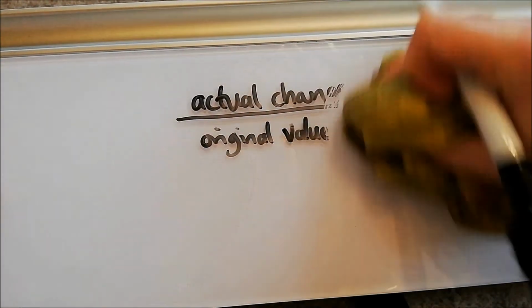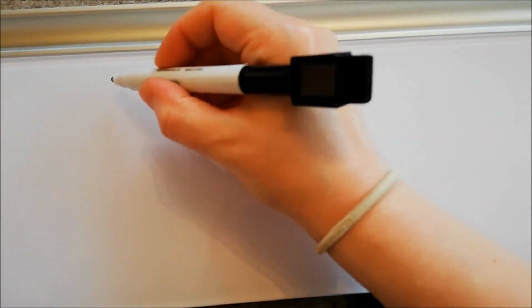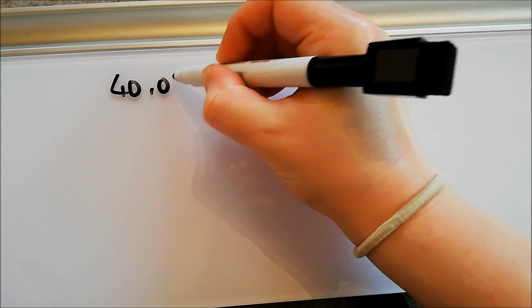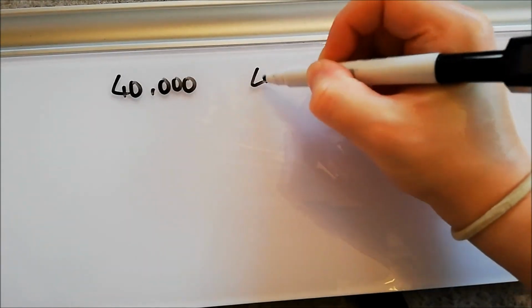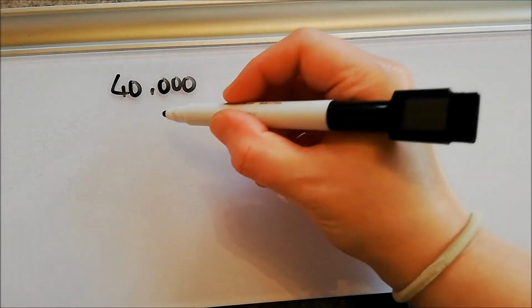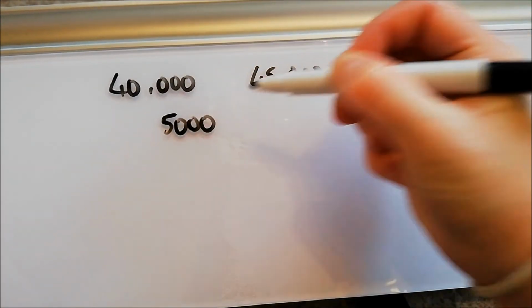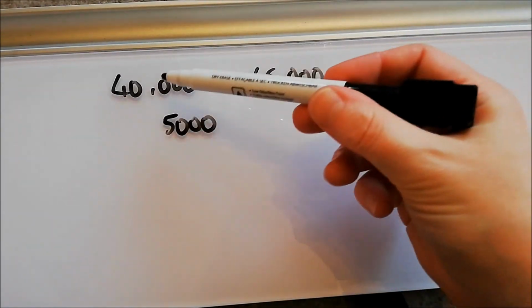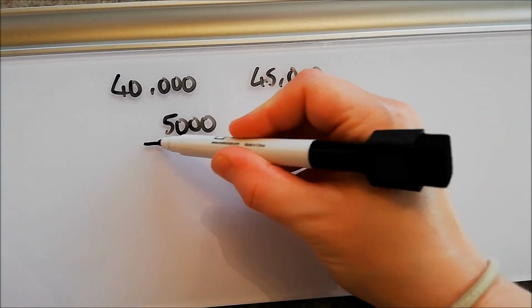So in the actual example that we've just written about, the company made £40,000 in 1 year, and then it made £45,000 the next year. So the actual change is 5,000. It's just a subtract. You just subtract whichever's smaller from whichever's bigger. So the actual difference is what goes on top of the fraction.